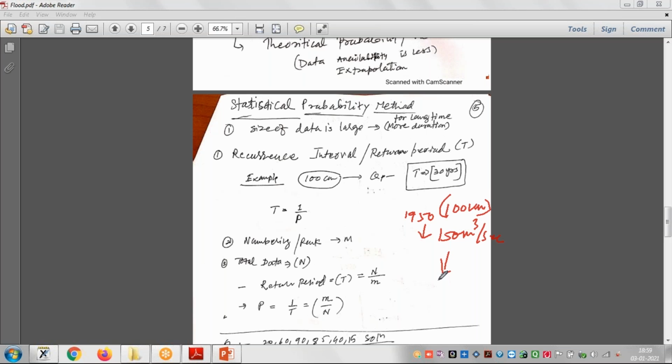So after how many years will the same rainfall be repeated and the same flood discharge occur, or what is the chance of the flood repeating? That is called the return period, or recurrence interval, right?